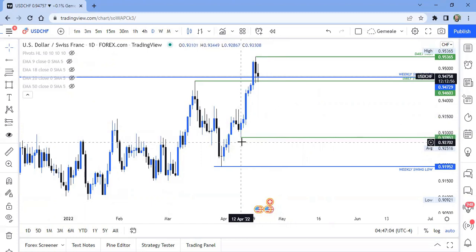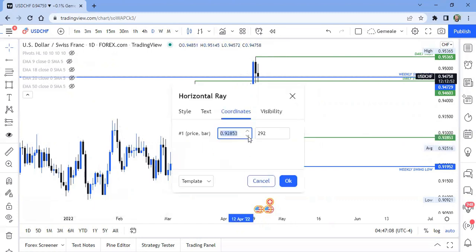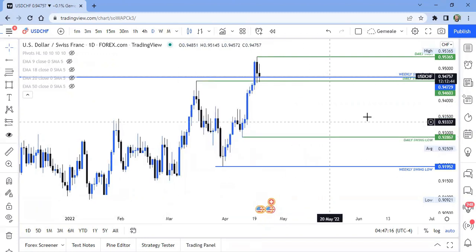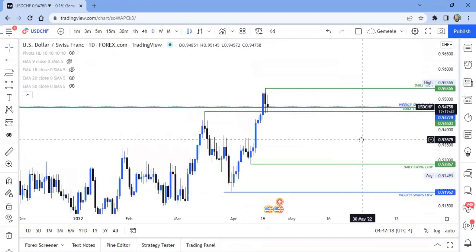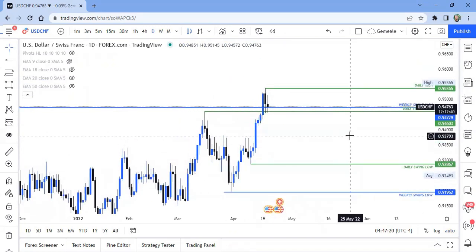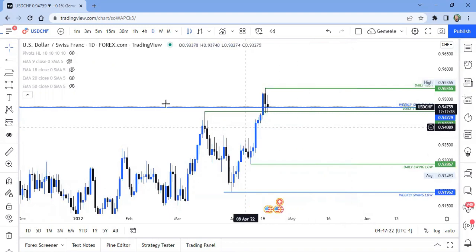So let's get this level in, coming at 92,867. Okay, and we call this our daily swing low.